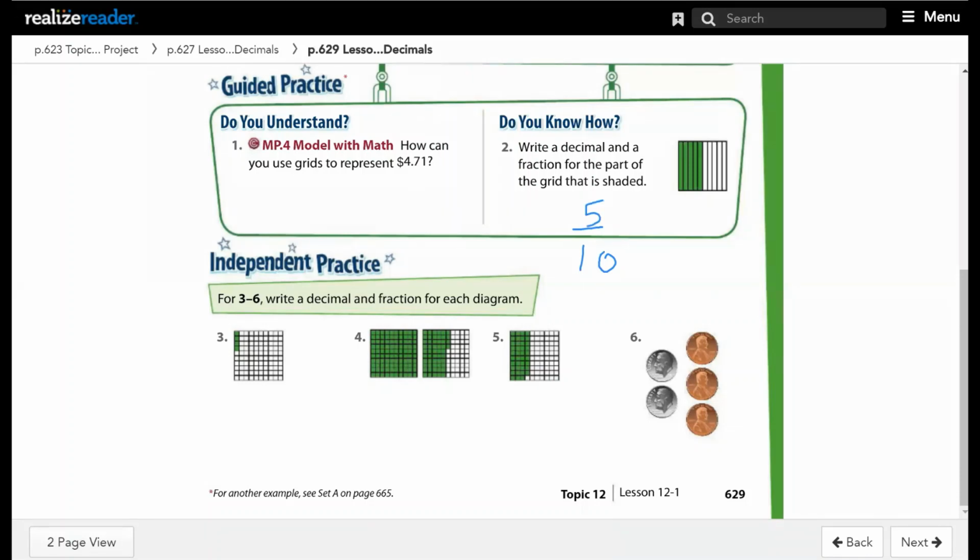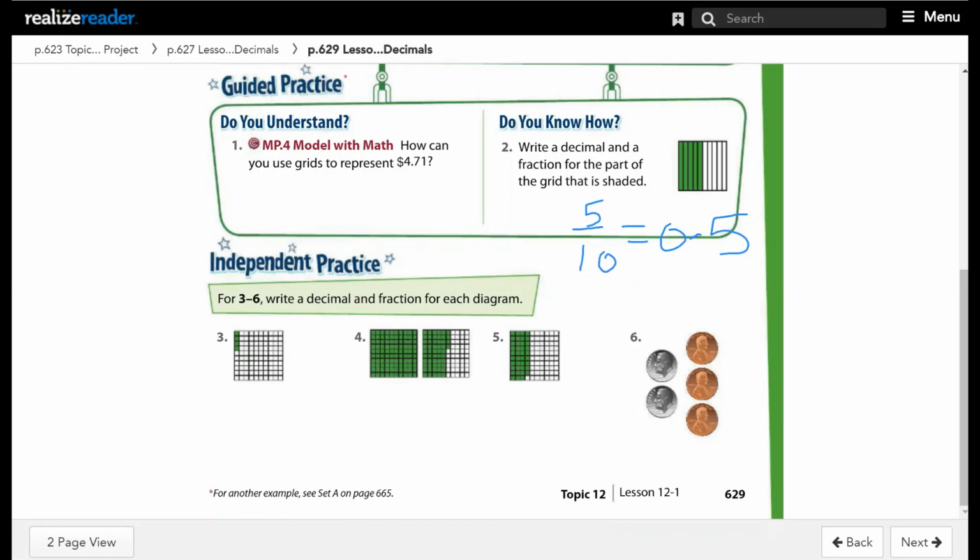If we want to write 5 out of 10 as a decimal number, because it's out of 10 and the 10 has one zero, after the decimal point we write only one number, which is the 5, and before the point 0. So 5 over 10 equals 0.5.